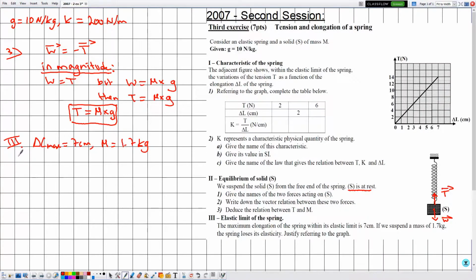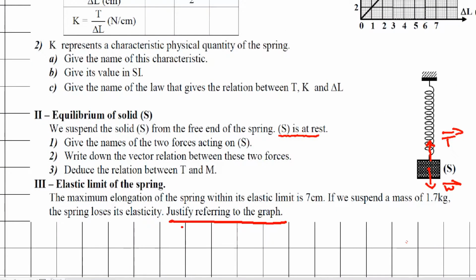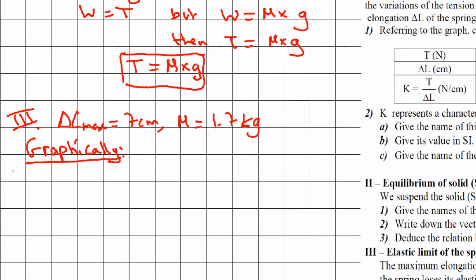So first, let's say graphically, why we are referring to the graph here: because they gave me the hint, justify referring to the graph. And here I repeat that they give half a mark for this statement.